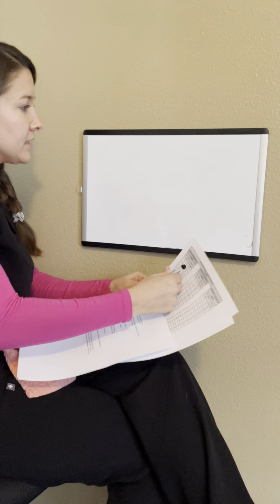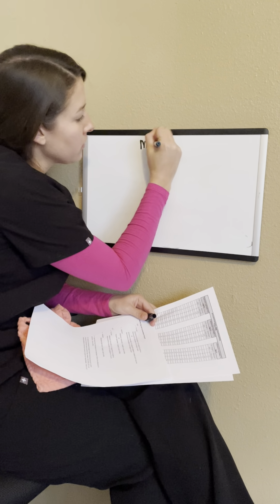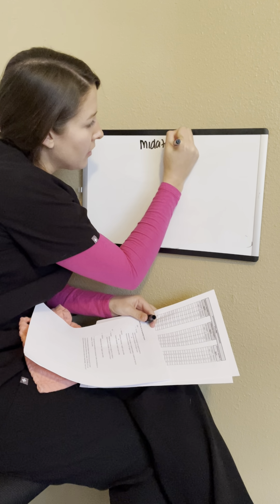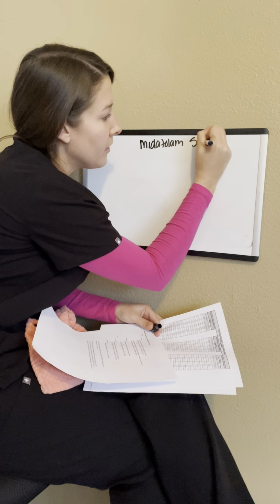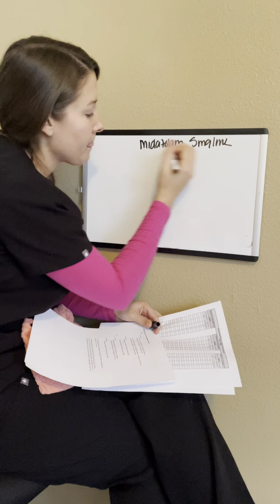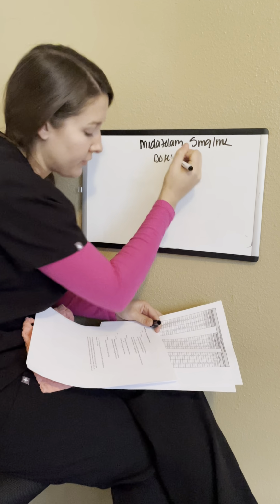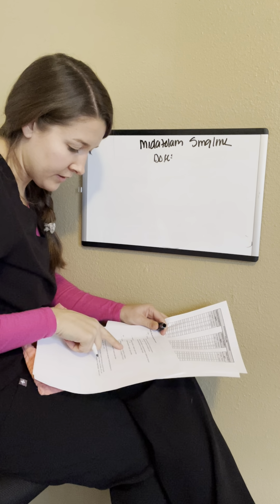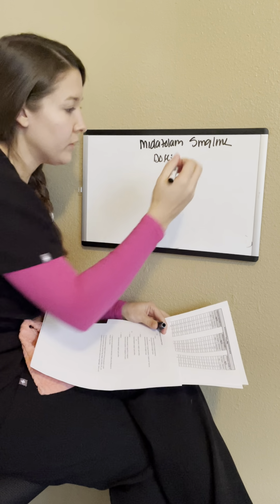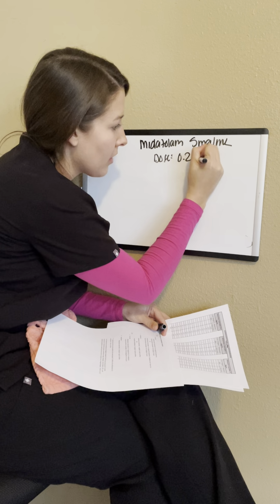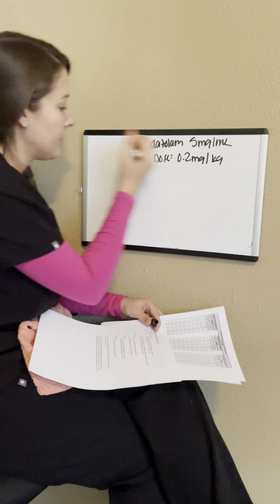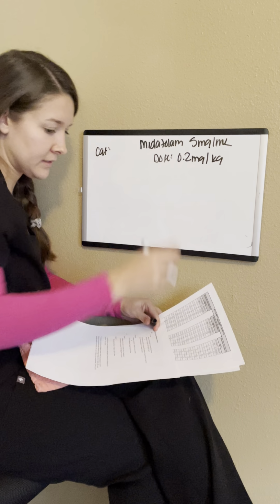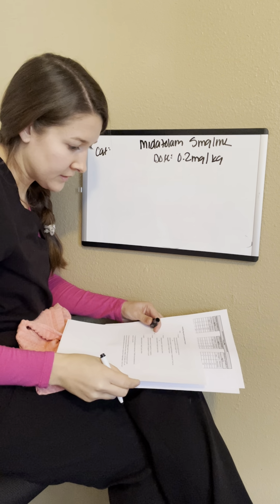So midazolam, the concentration for that is 5 mg per mil. Let's say we're doing a dose of 0.2 mg per kg. Let's say our cat weighs 6 pounds.